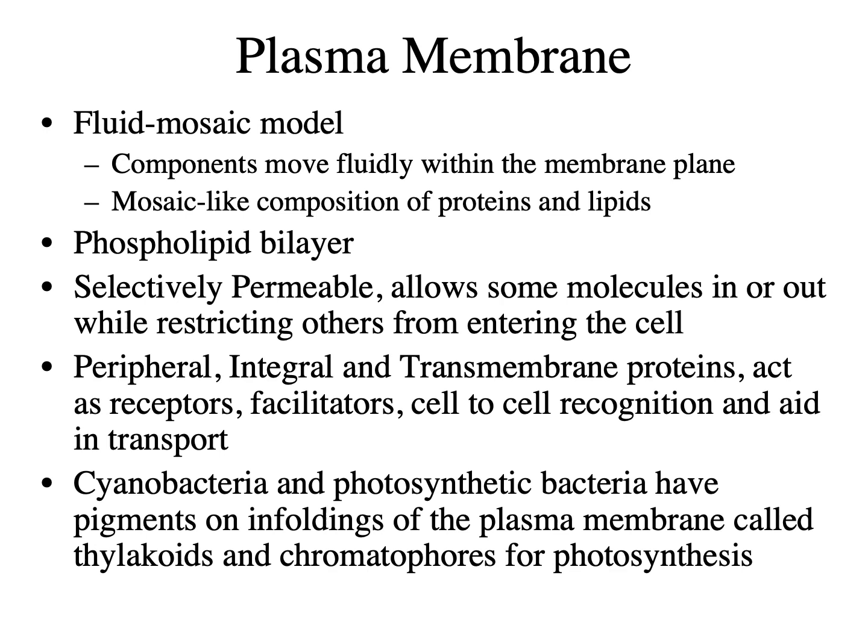Also, for different types of bacteria, cyanobacteria and photosynthetic bacteria, they have infoldings on their plasma membrane. So there are different structures that can be within this fluid mosaic model of the different types of bacteria that can aid in identification of that bacteria.